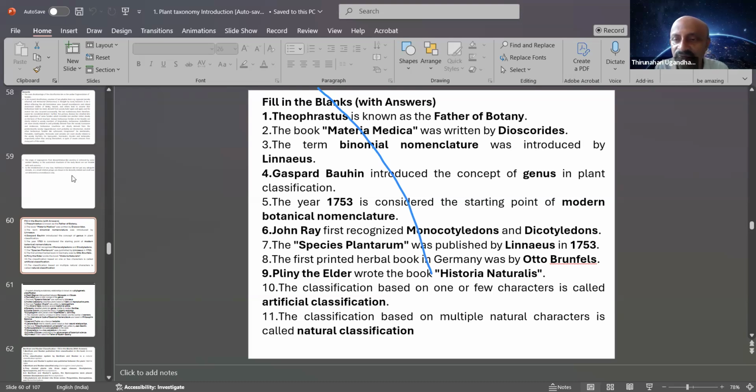In 1753, modern botanical nomenclature began. John Ray first recognized monocots and dicots.